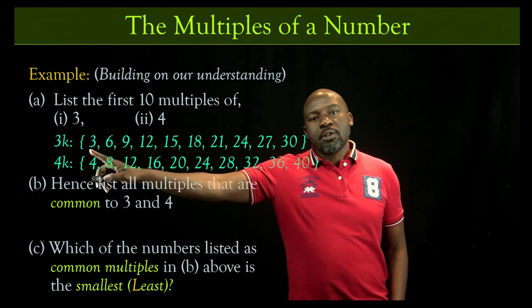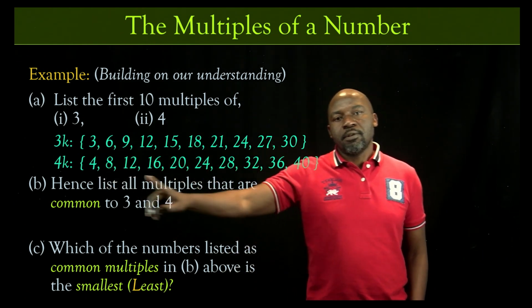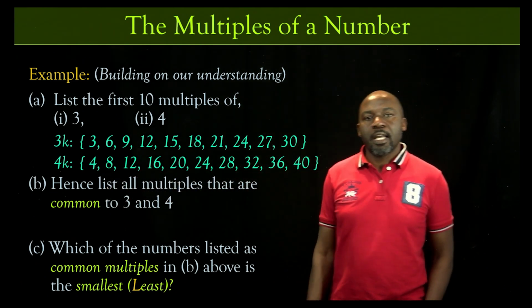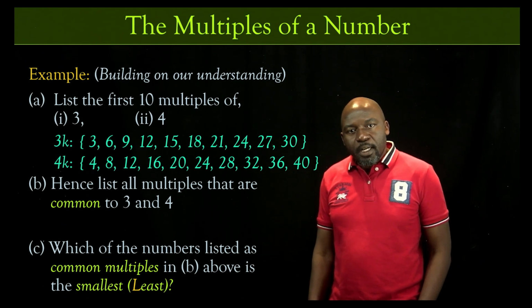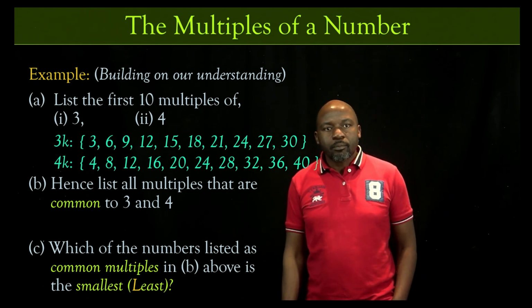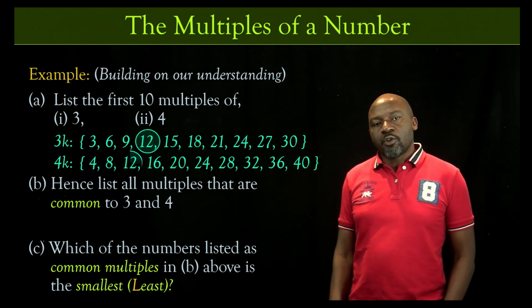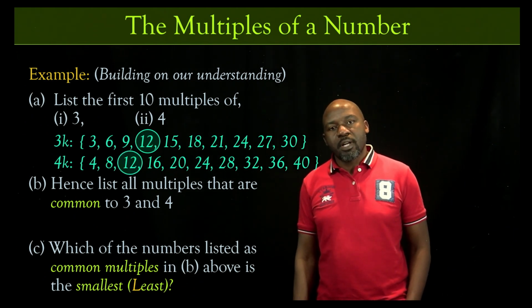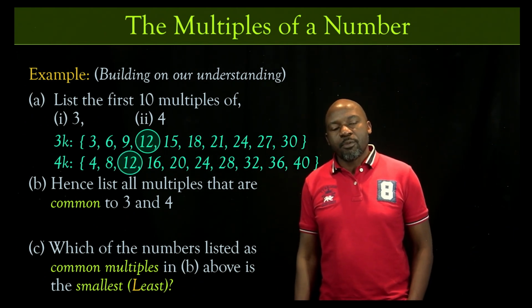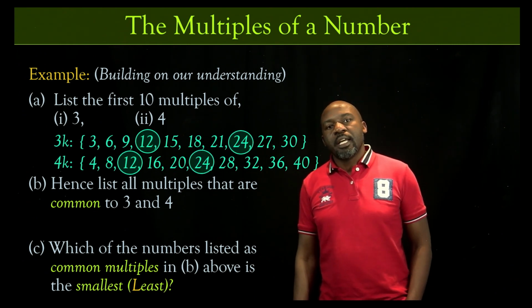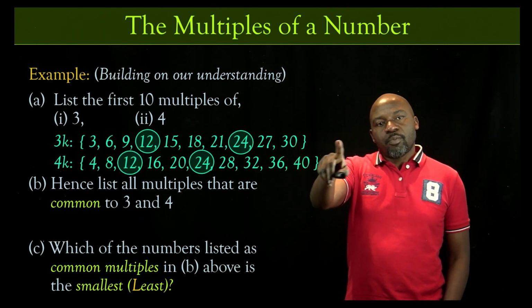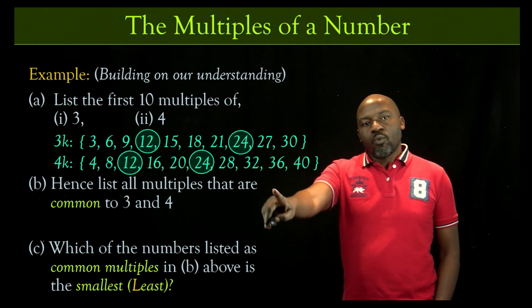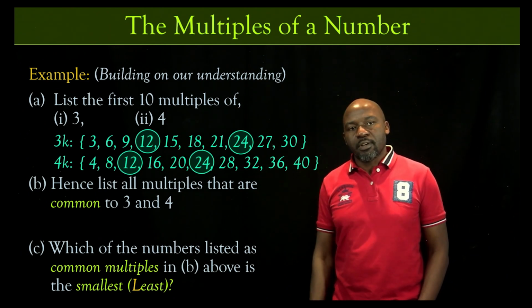So which multiples are here and also down there? If we look carefully, the first one I see is 12. There is a 12 up there and a 12 down there. So 12 is a common multiple. We can list it down there as a common multiple. The next one is 24. And if we were to go on with the top one, I suspect the next one there would be 36, which would be common with the 36 in the multiples of 4.